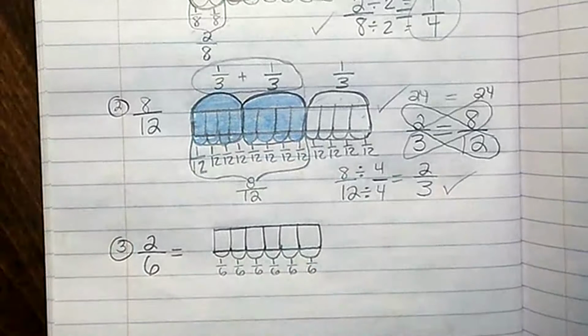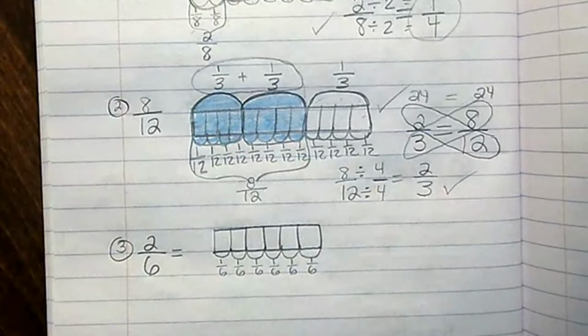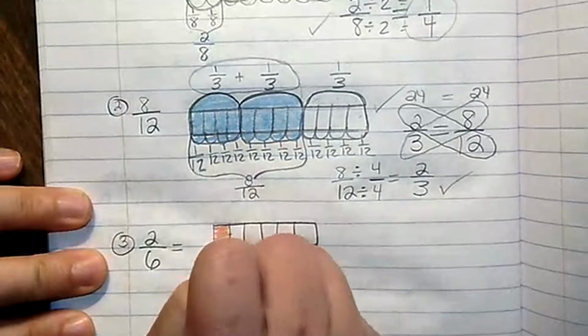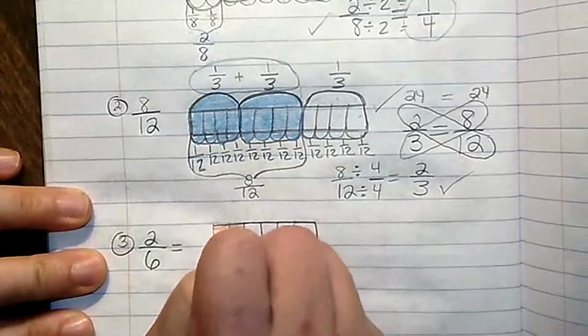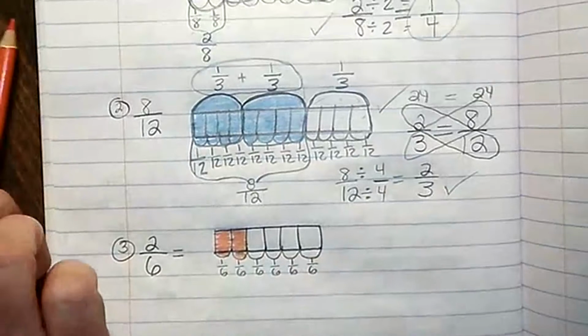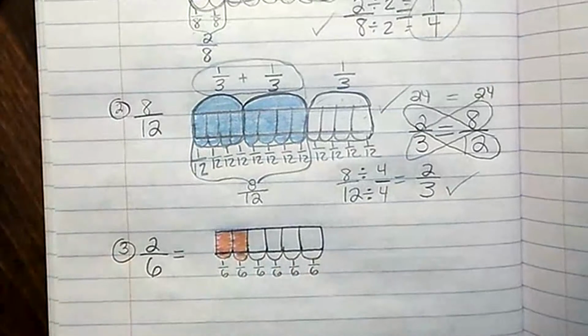How many sixths should I shade in to get 2/6? Yeah, 2 pieces. All right, so I'm going to shade the first 2 pieces in. 1, 2. Now I need to make my jelly beans.